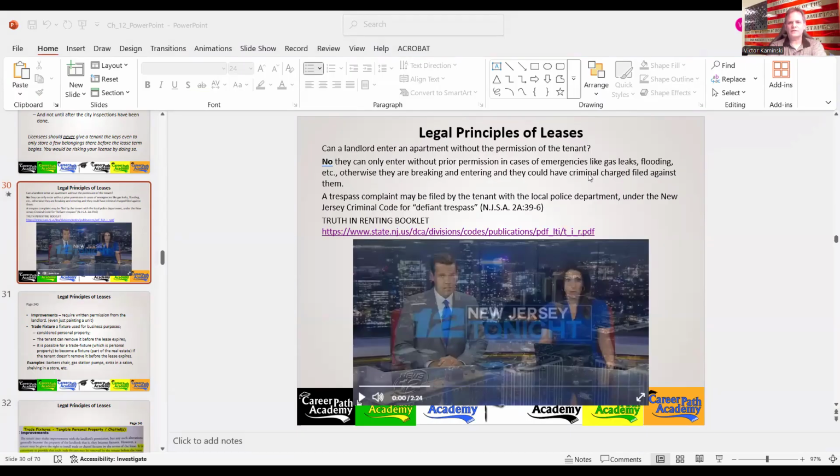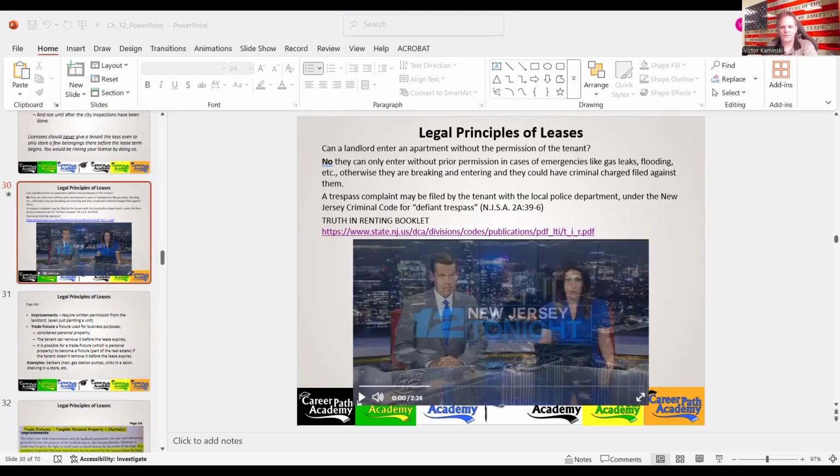Truth in Renting booklet. Let's see if we can search it on their website. Truth in Renting booklet. There we go. Truth in Renting. All right, so here is the Truth in Renting booklet. They changed the link a little bit.